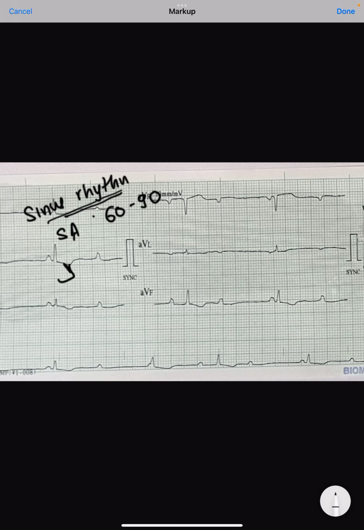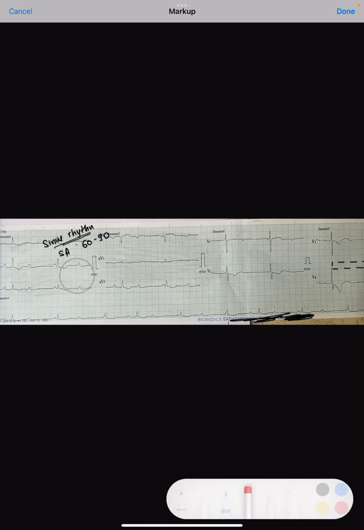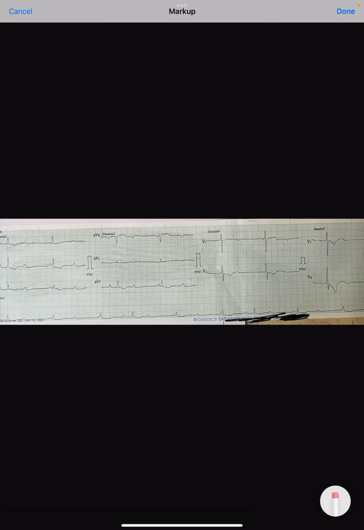Whenever we have a junctional rhythm, the heart rate will be between 40 to 60. And whenever it is a ventricular rhythm, the ventricles are pumping on their own, with their own rhythm, and the heart rate will be around 40 or less than 40. So whenever the heart rate is below 40 or around 40, I always think of complete heart block.